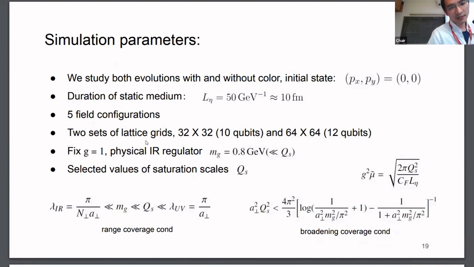And 2 sets of lattice grids are being used to see the effect of the lattice. So we use 10 qubits for encoding the 32 by 32 lattice, and 12 qubits to encode the 64 by 64 lattice. And we include this IR regulator as I showed in the equation before. And different selected values of saturation scale are being used to take into consideration the coverage and the broadening.